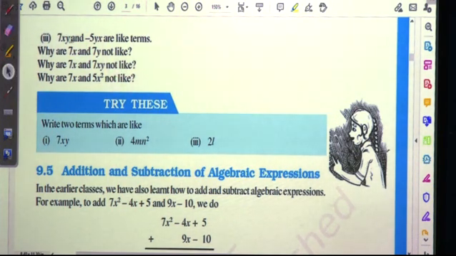Then what further? 7xy and minus 5yx are like terms. Why are 7x and 7y not like? Why are 7x and 7xy not like? Why are 7x and 5x square not like?